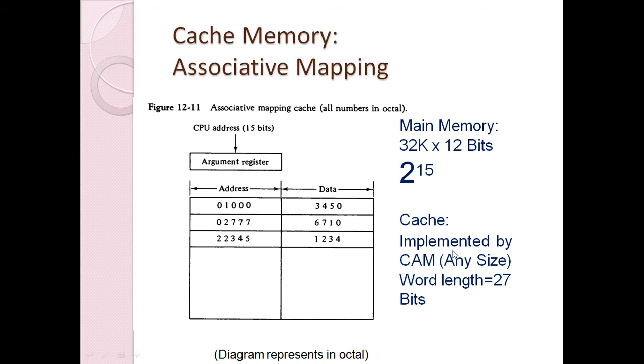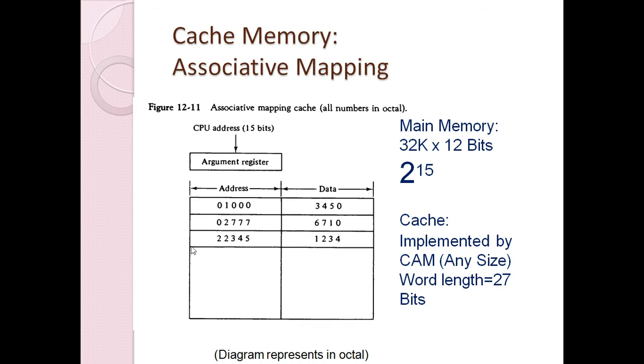Whenever the CPU demands something from main memory, it gives a 15-bit address. We load that address in the argument register of associative memory, and that address will be matched, and if matched, then 12 bits of data will be provided to the CPU. In this way the cache is implemented using associative memory.